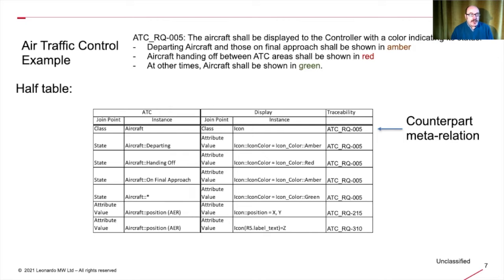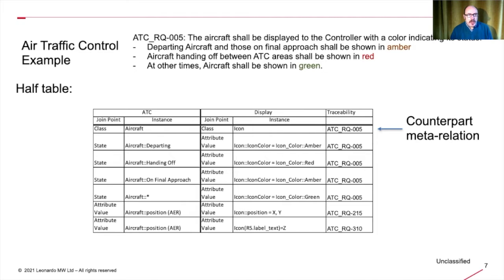It's a born and die relationship, so we expect our architecture that implements this to detect when an aircraft is created and go and create an associated icon for it and establish a relationship between those two instances for the architecture to use when detecting state changes.